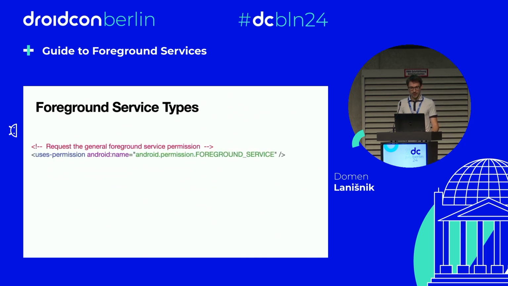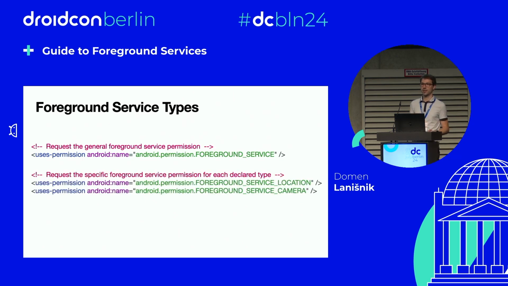Additionally, as we said, Android 9 brought along a permission for foreground services that you had to declare in your manifest. And now with Android 14, additionally, you have to declare another permission for each specific type that your service implements. These permissions are automatically granted by the system, but you do need to declare them.